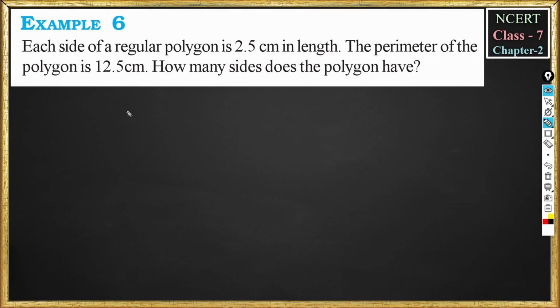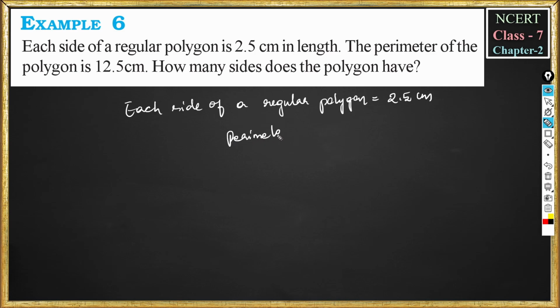So given each side of a regular polygon. Regular polygon means the polygon has equal length of sides. So each side of a regular polygon is equal to 2.5 centimeters. So the perimeter is equal to 12.5 centimeters.